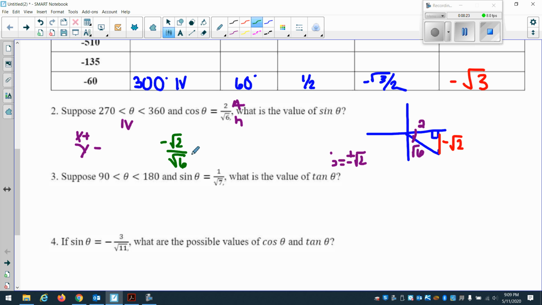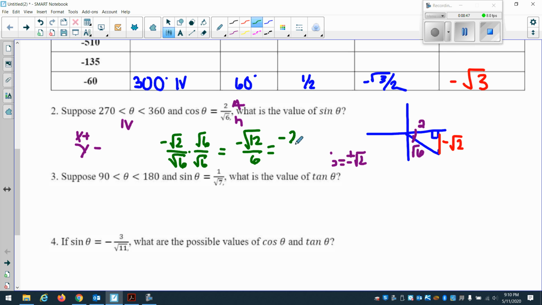Again, we cannot have a radical in the denominator. Multiply top and bottom by root 6. So here you get negative root 12 over 6. However, it can be simplified: root 12 is 2 root 3.